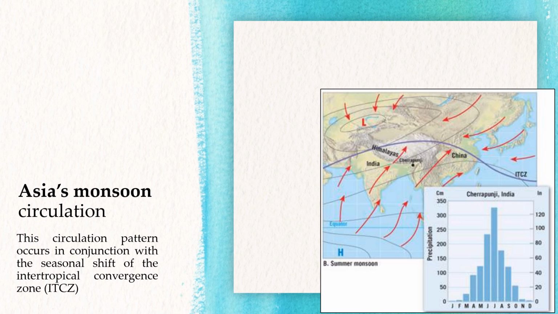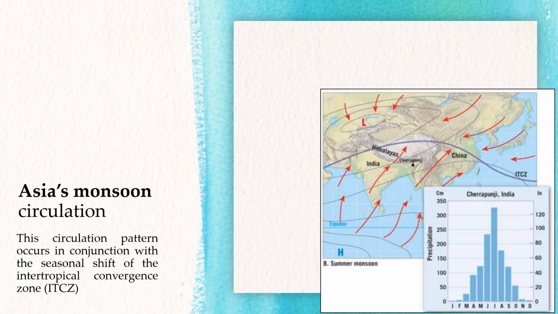The circulation pattern of this Asian monsoon is strongly influenced by the seasonal change in the solar heating of the vast Asian continent. Therefore, this monsoonal circulation is associated with large seasonal migration of the ITCZ.